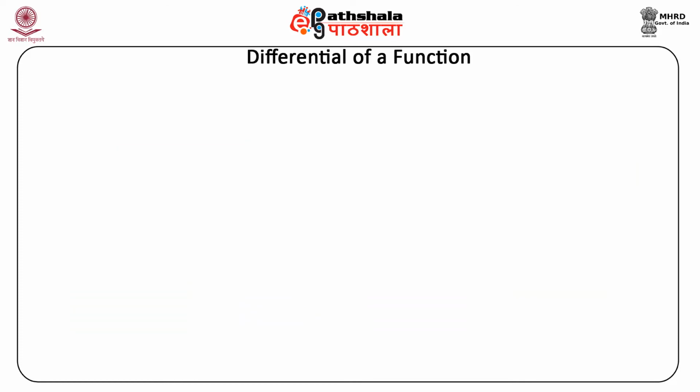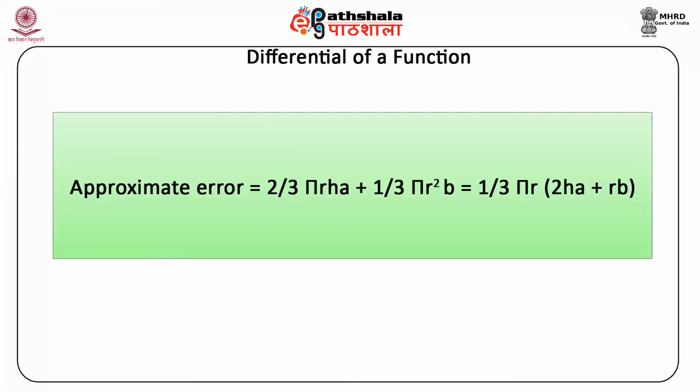This implies approximate error is equal to 2 by 3 pi r h a plus 1 by 3 pi r square b, which is equal to 1 by 3 pi r into (2ha plus rb).